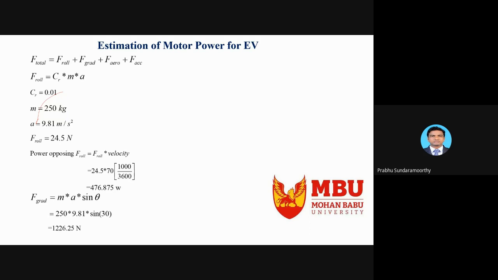So first we should know the kilograms of our vehicle. That is the mass of the vehicle, right? And then what is your range? So at what speed it is going to run. I'm going to consider it as 70 km per hour, right?